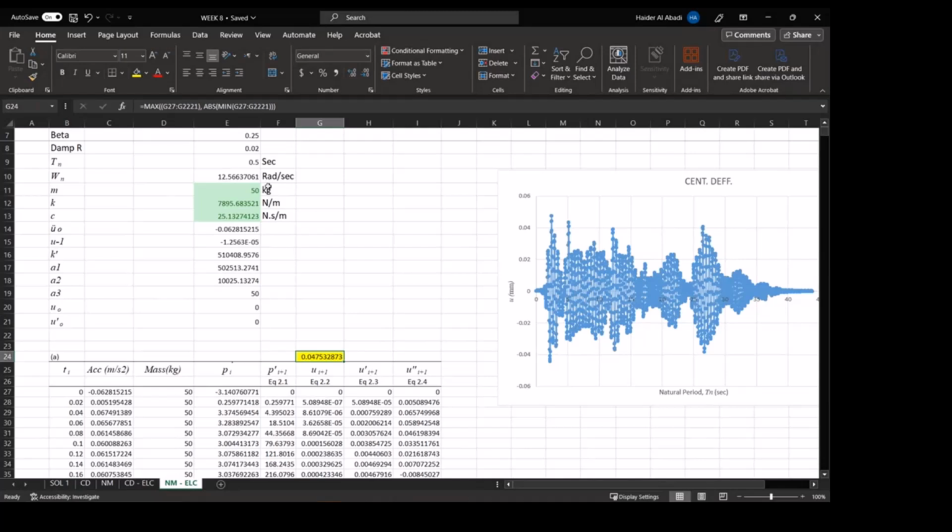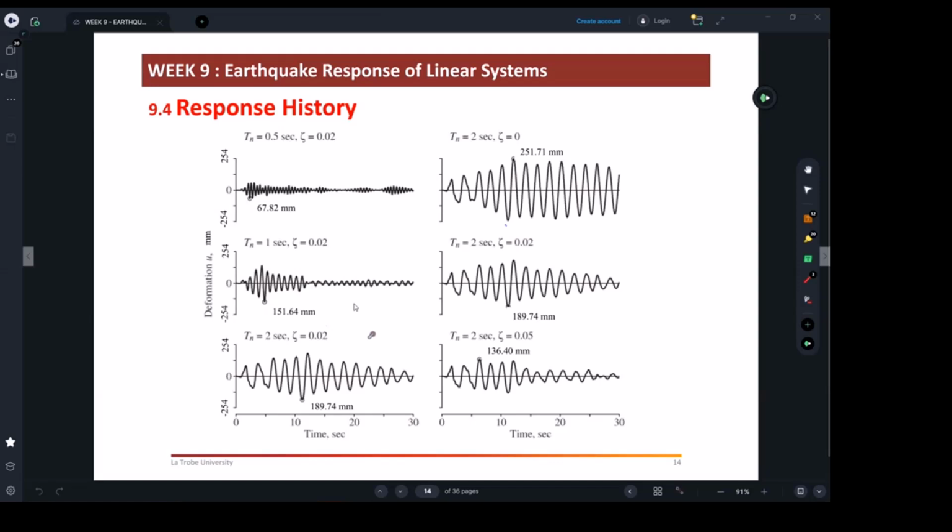So what I'm finding for a 2% damping and 0.5 second time period, which is what we got here, my calculator is showing me the response is going to be around 50 mm displacement, but this one is 67. So it's kind of different, but maybe they have different properties to work with.